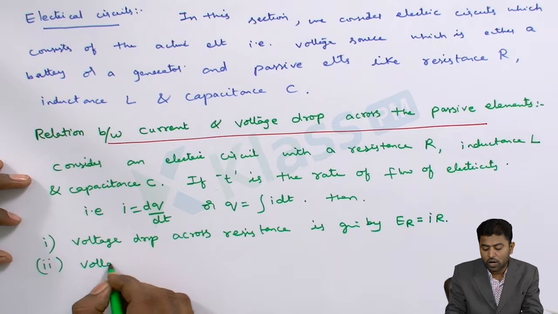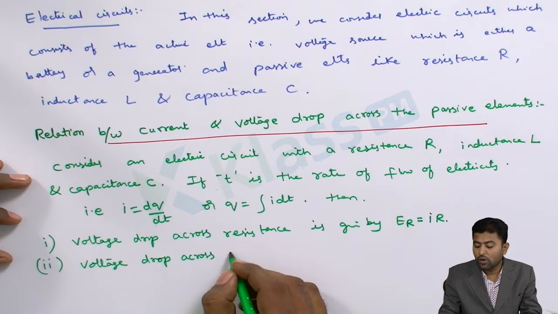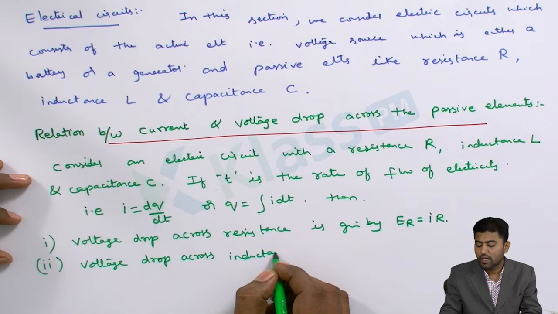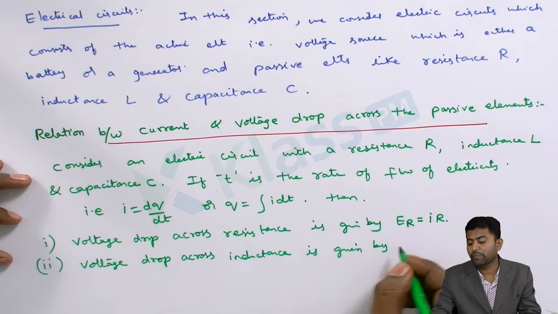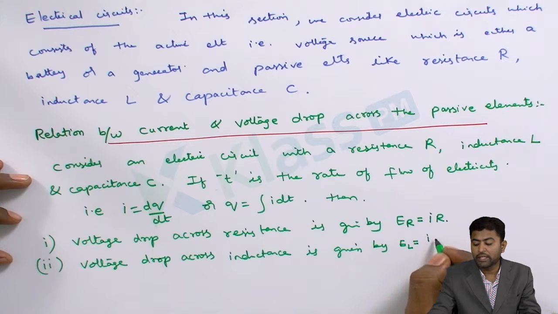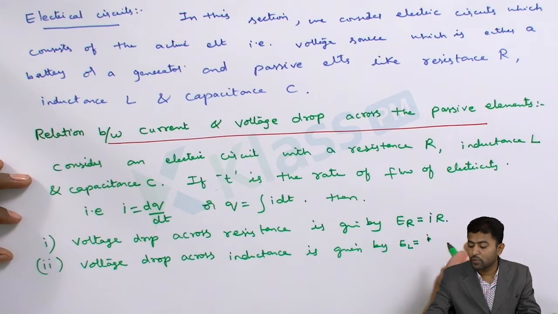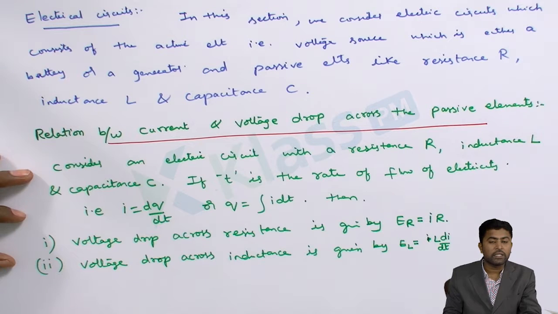And the voltage drop across inductance is given by E_L is equal to L into di by dt.